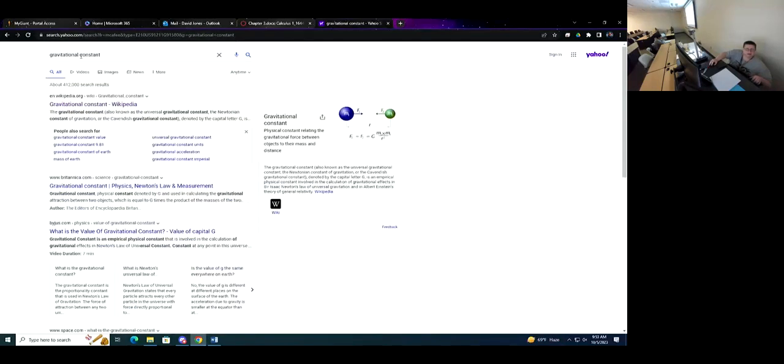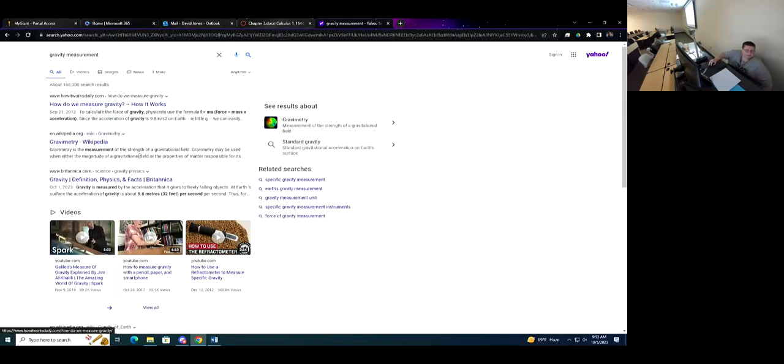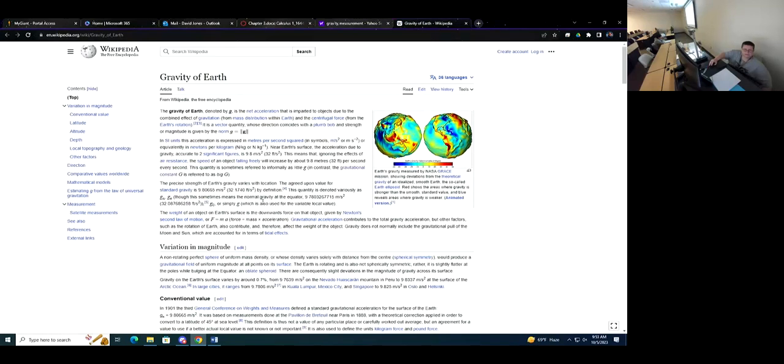Try this. Gravity. Measure. So in meters per second, it's that. They have a slightly different value here. I saw the 0.17405 on another spot. But I just Googled it.